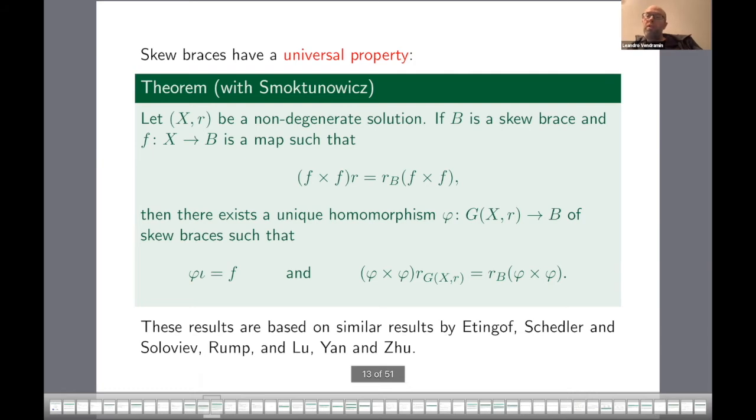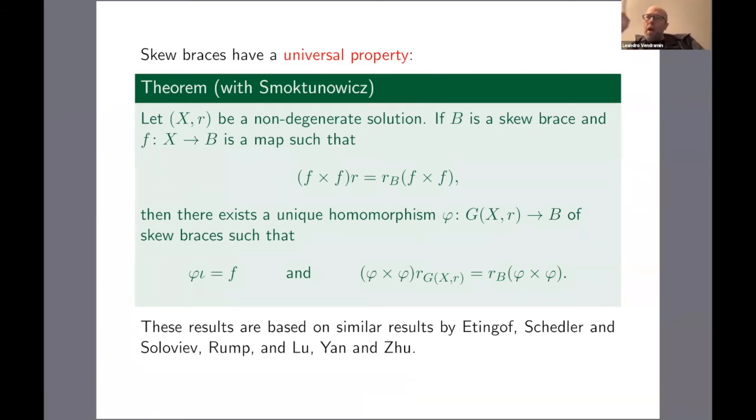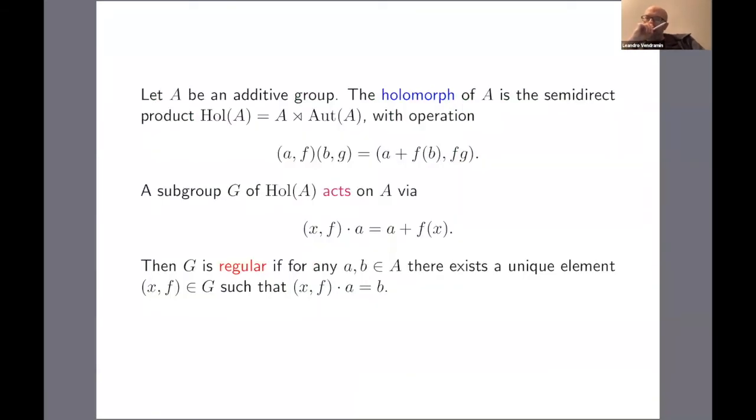Of course, Rump did this for involutive solutions, Soloviev also for arbitrary solutions, Lu, Yan, and Zhu also. This sort of idea was there before we did this. We just used the language of braces, which I think is quite convenient. But the point is that braces are quite interesting.